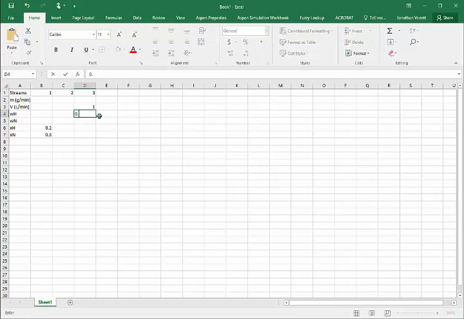And the hexane coming out in stream 3, they've told me the mass fraction is 0.05, so I enter that in. If I want to enter a formula here, I press equals. I can do 1, the minus sign, and then click on a cell, and it'll reference that cell. You'll notice if that cell changes, then the other number will change.